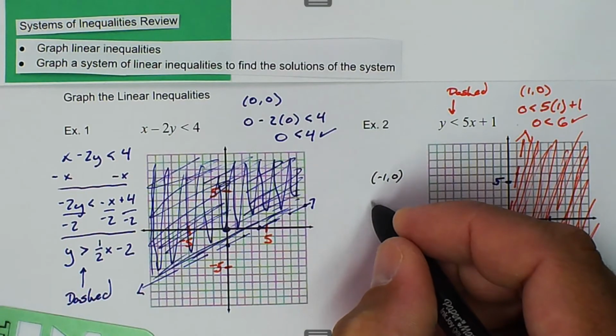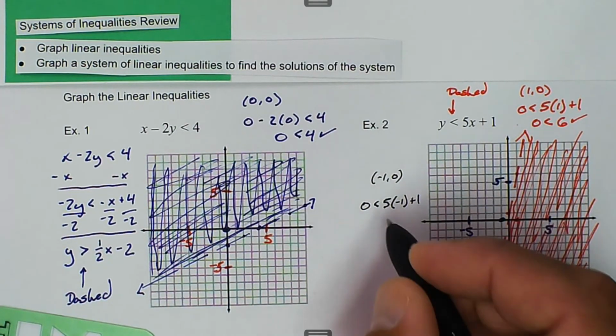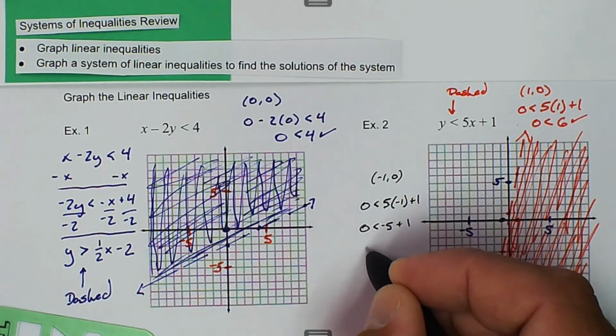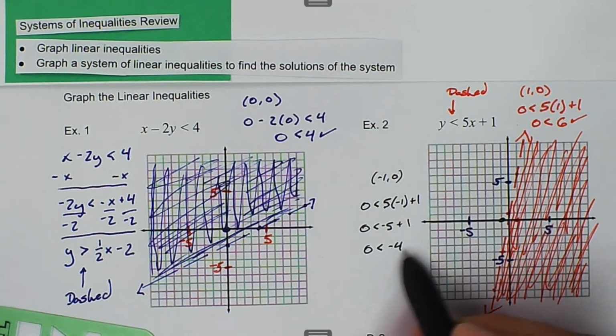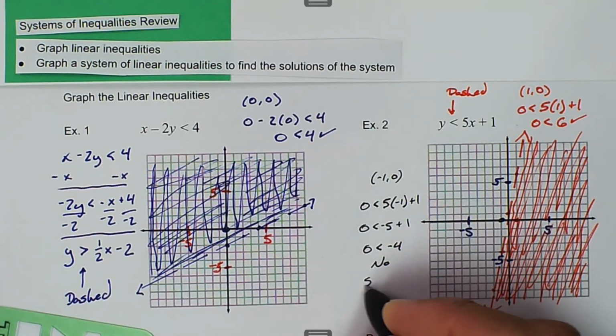We'll substitute it in. So y is 0, is less than 5 times -1, so 0 is less than -5 plus 1. 0 is less than -4. So is 0 less than -4? No. So then we have to shade the other side.